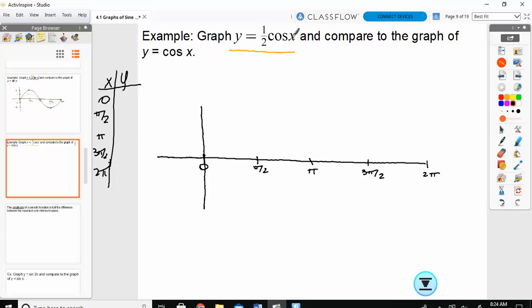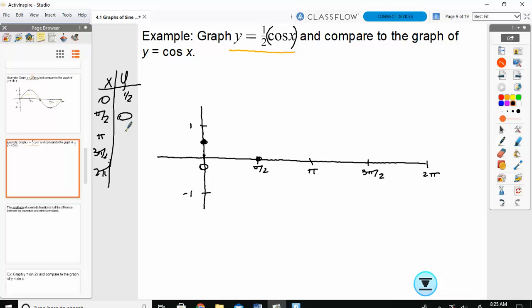Okay. What is the cosine of 0? 1 times 1/2 is 1/2. So at 0, we get out 1/2. Cosine of pi over 2 is 0 times 1/2 is still 0.